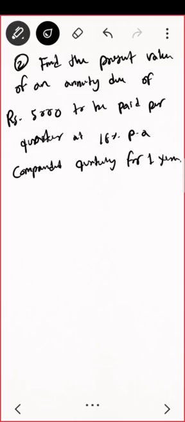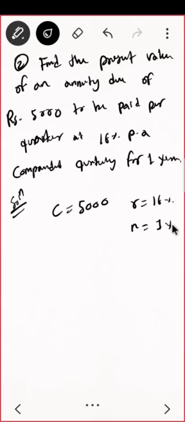Okay, how will you calculate this? What are the things given? What you have to find? Tell me quickly. What is the value for C? What is r? And what is n? r is 16%, n is 1 year, correct?